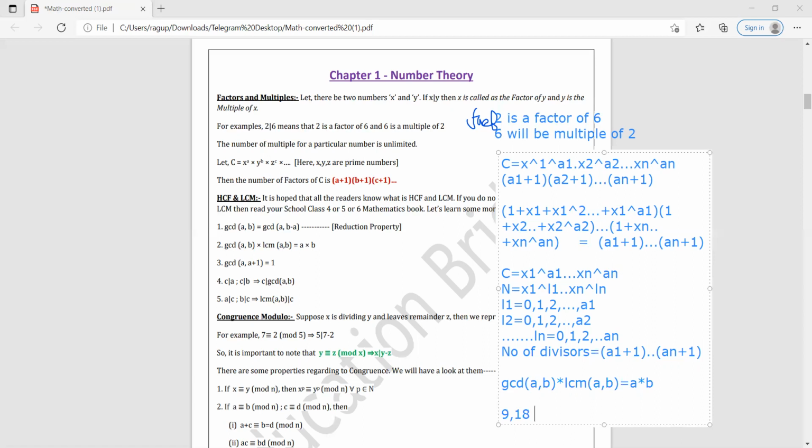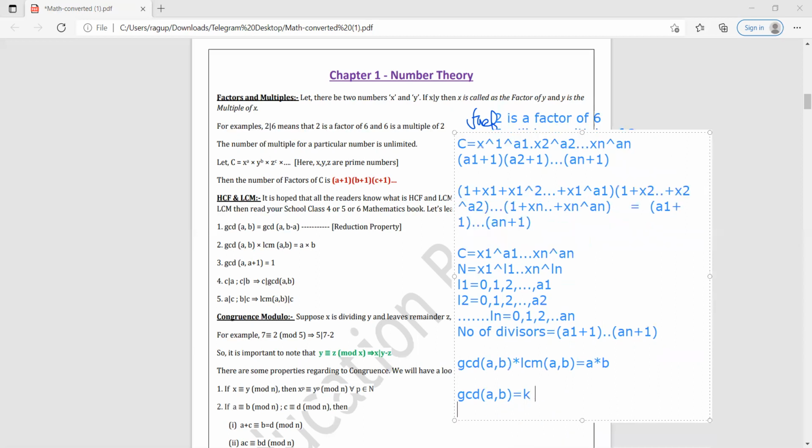What we are going to do is assume GCD of A and B to be K. This means that K divides both A and B. So A is K into something, let it be Q, and similarly B is K into something, let it be T.